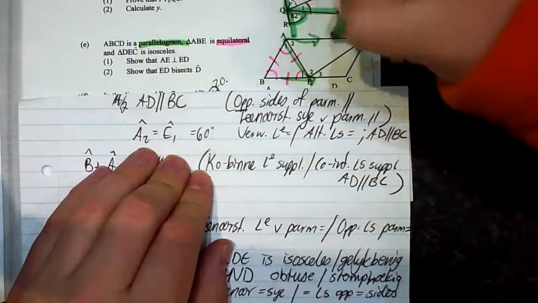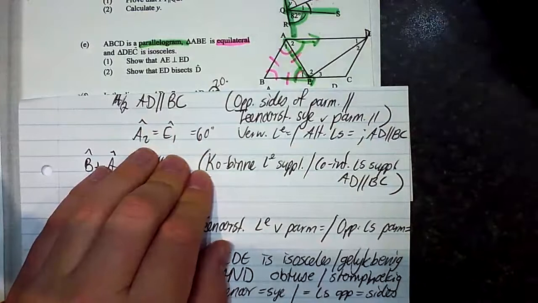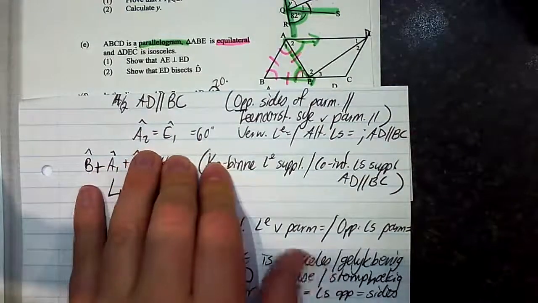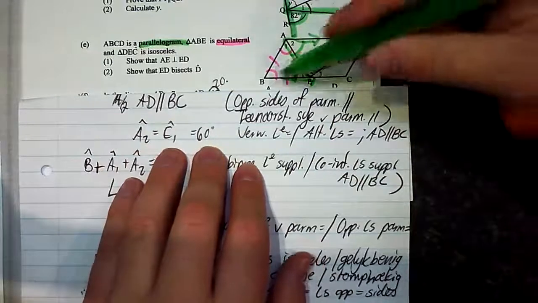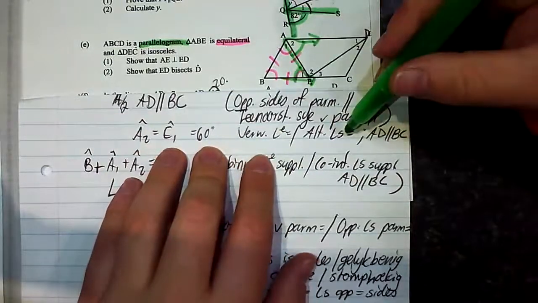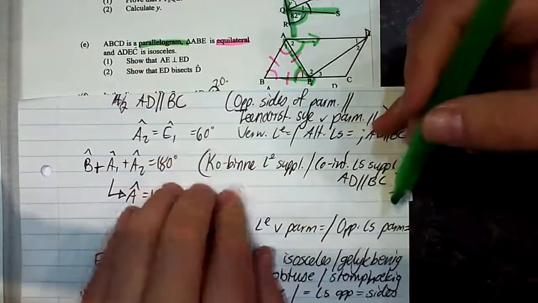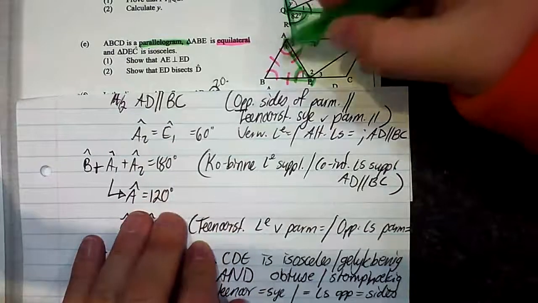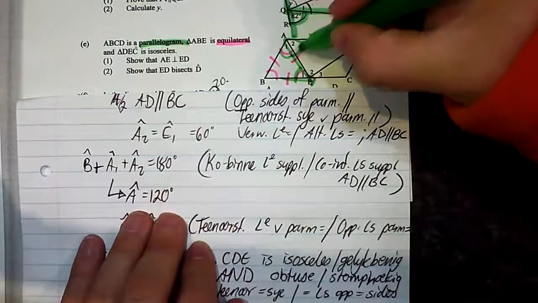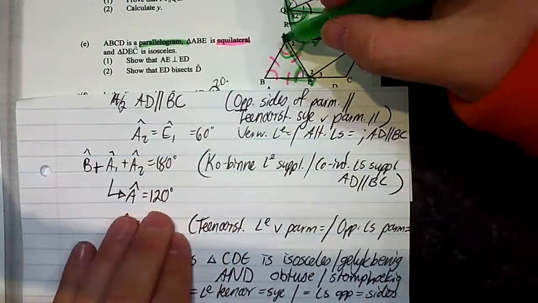Want hulle lê tussen twee parallelle lyne en daarom is verwisselende hoeke gelyk. So A2 is also 60 degrees due to AD being parallel to BC. Alternate angles equal. Everyone fine with this? So now we have a 60 degree there and a 60 degree there. So the whole of A is 120 degrees.